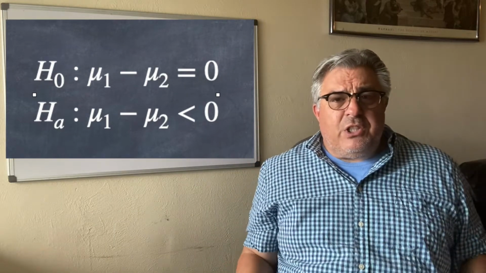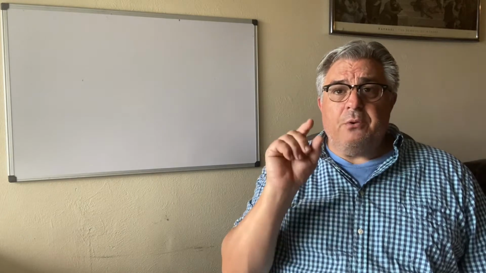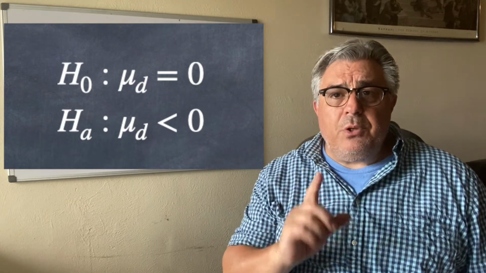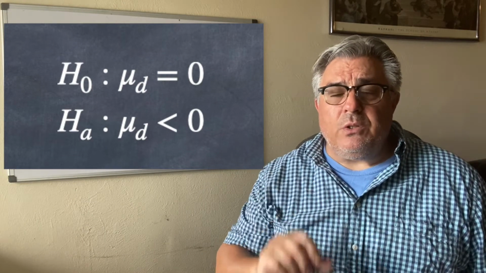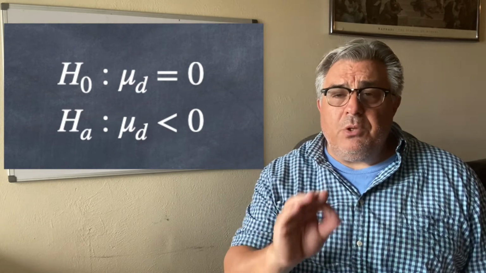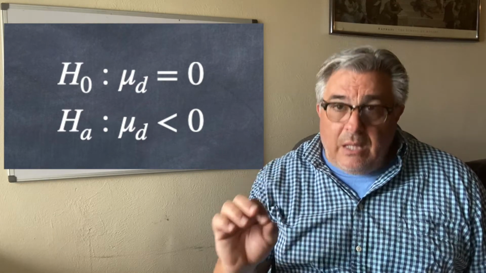But recall, we said that mu1 minus mu2 is the mean of the differences. So on the left side, we can rewrite the null hypothesis as mu sub d equals 0, and the alternative in the form mu sub d is less than 0.